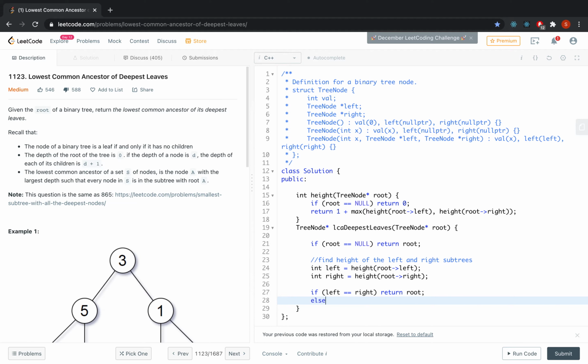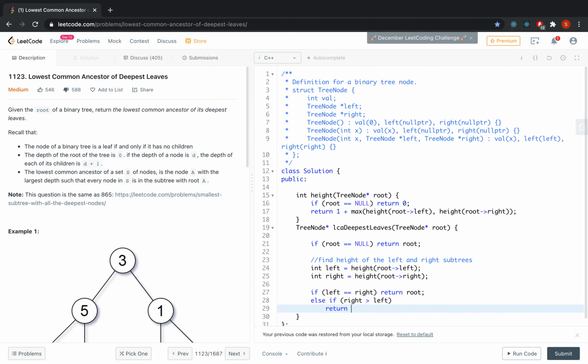Then else if right is greater than left, that means that your answer actually resides on the right subtree. So you need to explore that one further using recursion. So you're going to call the same function, the main function.